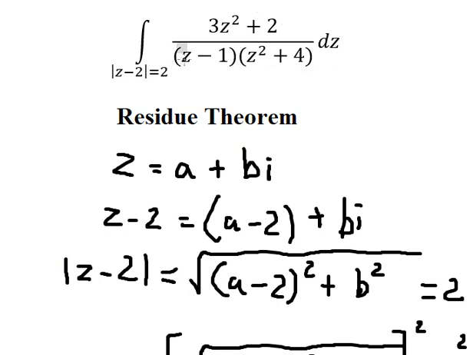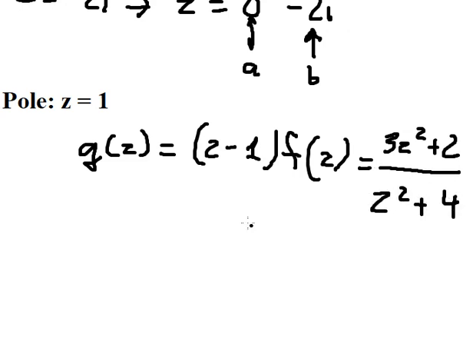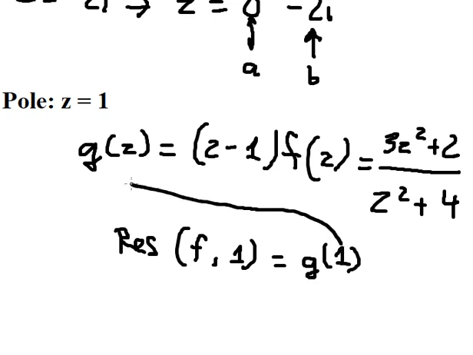If we multiply by z minus 1, we have only 3z squared plus 2 over z squared plus 4. Now we can find the residue of f at positive 1. So we put number 1 in here and here, and we have number 1.